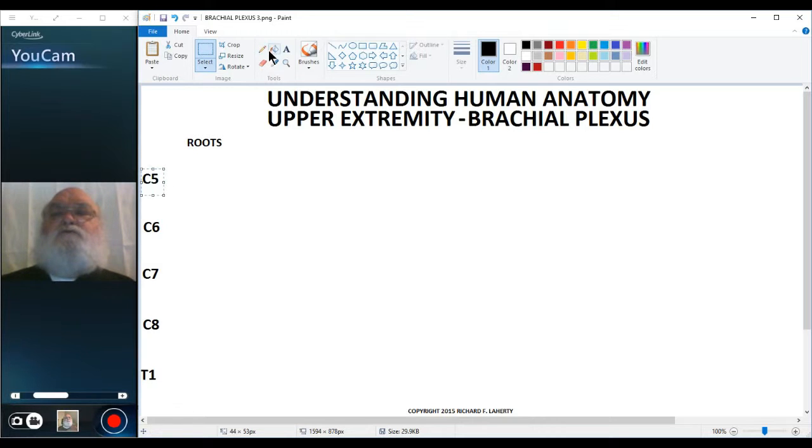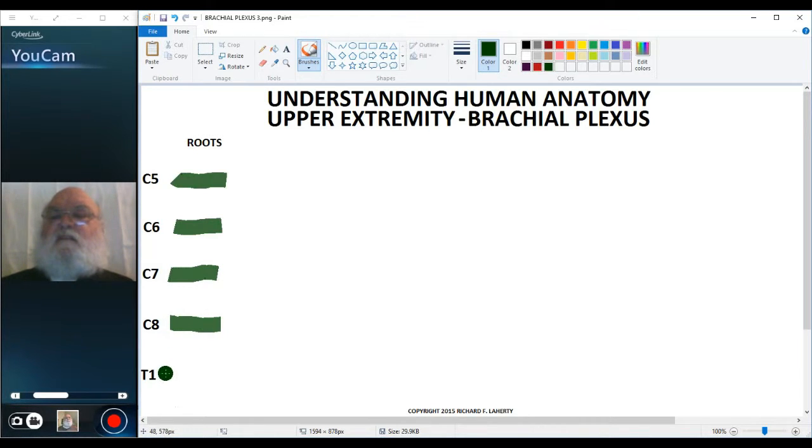And we'll draw the roots in, and for the root we will use the green color. So C5, C6, C7, C8, and T1.